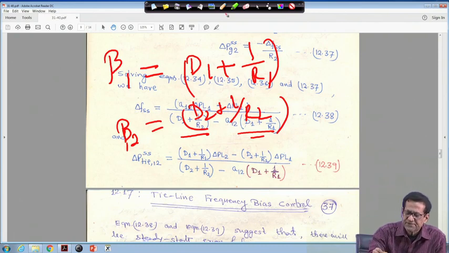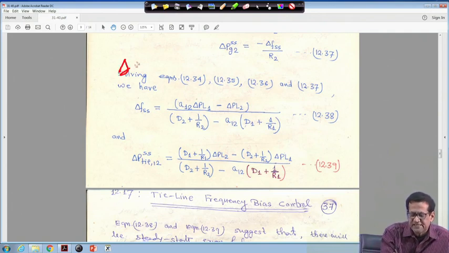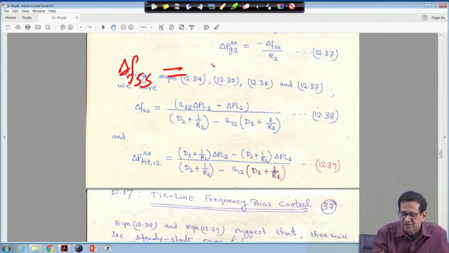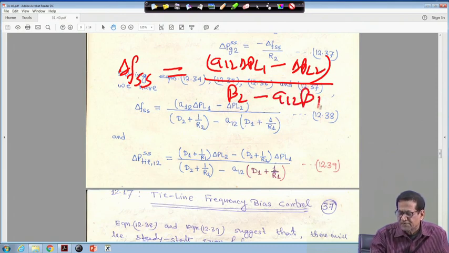So, that means this equation, delta FSS, can be written as numerator A12 delta PL1 minus delta PL2 divided by beta 2 minus A12 beta 1.